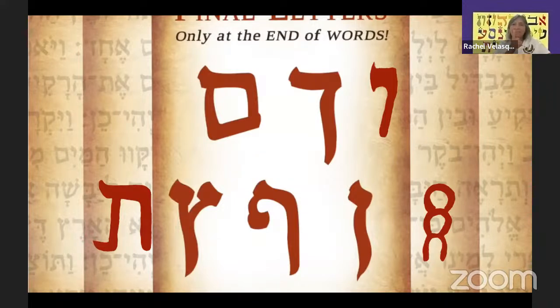Vav, Kaf, Lamed, Ga. At the lower right is Ga, Nun Sofit, Fe Sofit, Zadi Sofit, and Tav. How many is that? We have 8, right?